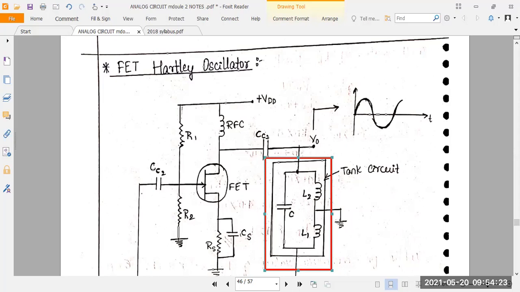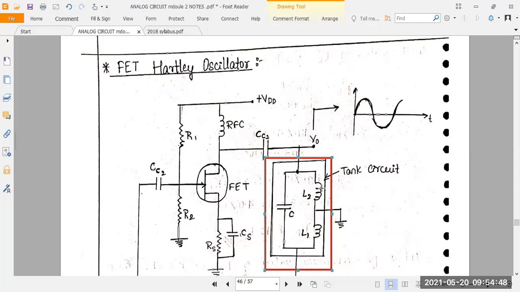Okay, once you store the energy across the inductance here, then the capacitor acts as charging. So the inductor acts as a discharge path for the capacitance, and it also acts as an energy storing element. Okay, here you can store the energy in terms of magnetic flux. Because these two are connected in series here.